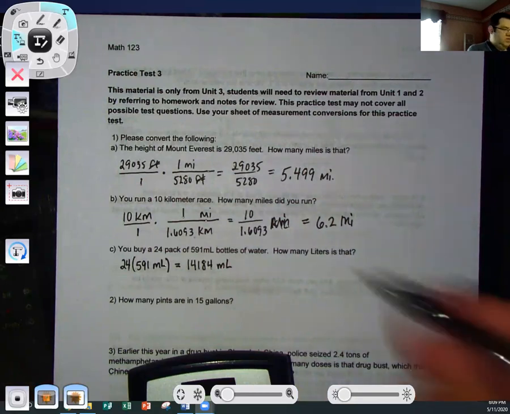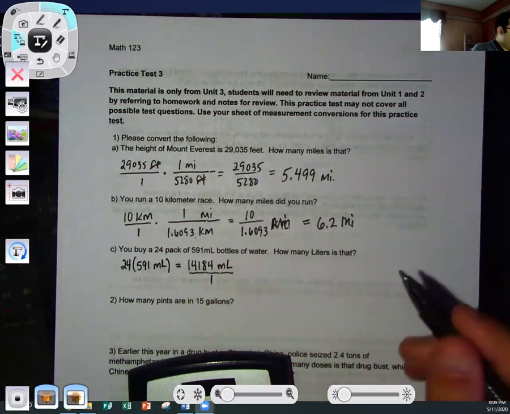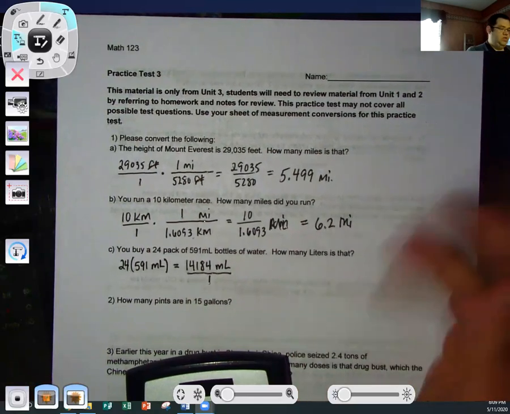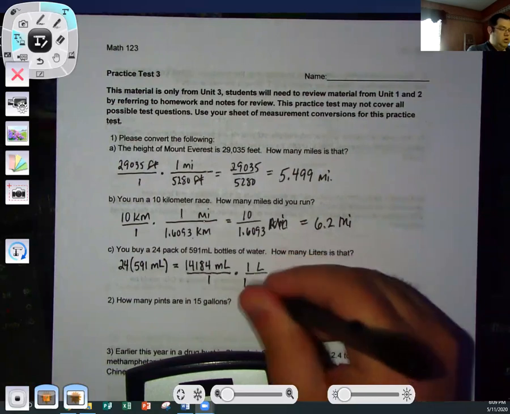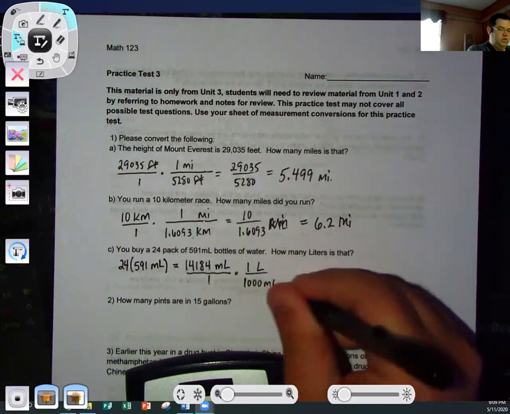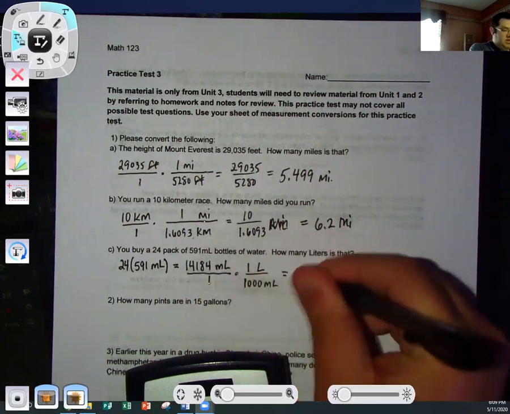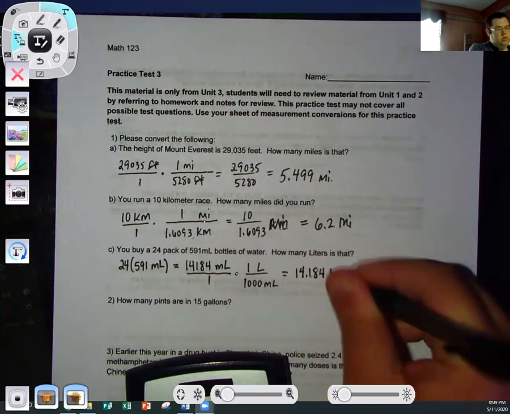If you use the idea that milli is 1,000, so there's 1,000 milliliters in a liter, we can multiply that by 1 liter over 1,000 milliliters, and that would get us 14.184 liters.